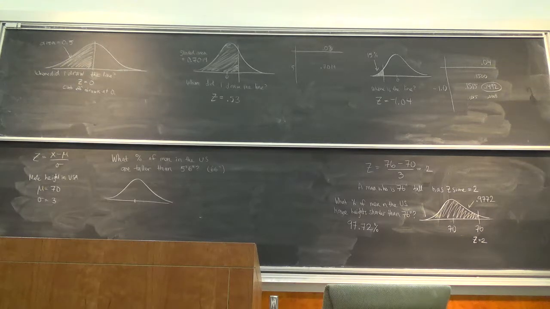Find your z-score, you can look it up in the table. When you find your z-score, I would say keep at least 2 decimal places. Okay, keep 2 decimal places.